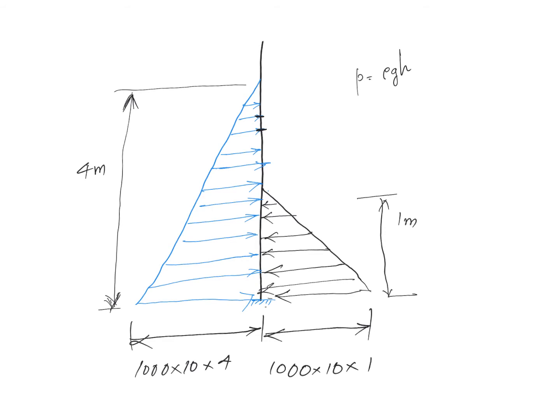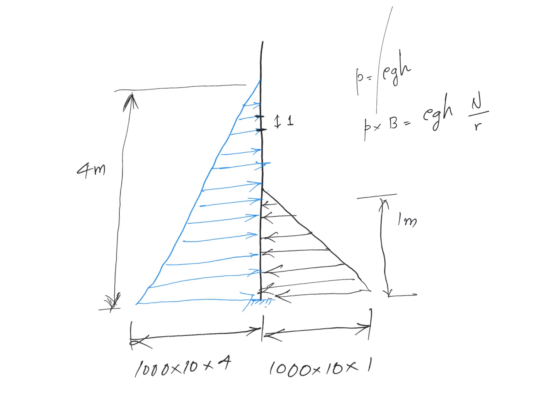If we take a unit length here, the force acting in this region will be pressure times the width. The width is perpendicular to the plane of the paper, but in this case it is given as unity, so it is again rho g h.